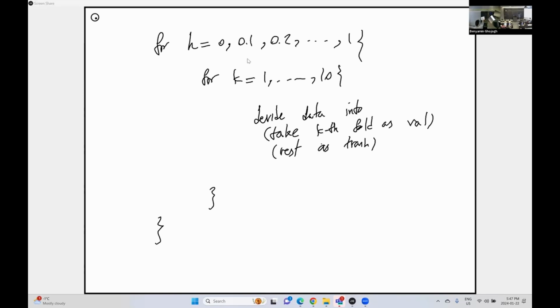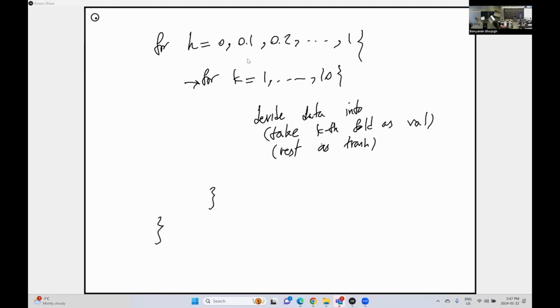In the first loop here, I take the first part as validation and parts 2 until 10 as the train. Then I go to the second loop. Then I take the second part as the validation, and the rest of the 9 parts as train. So basically, I'm rotating over the data. Okay, cycling over the data.